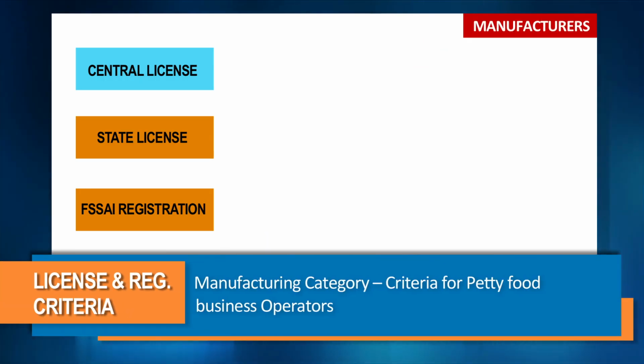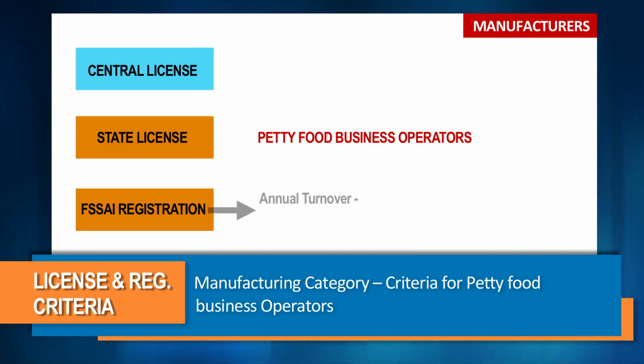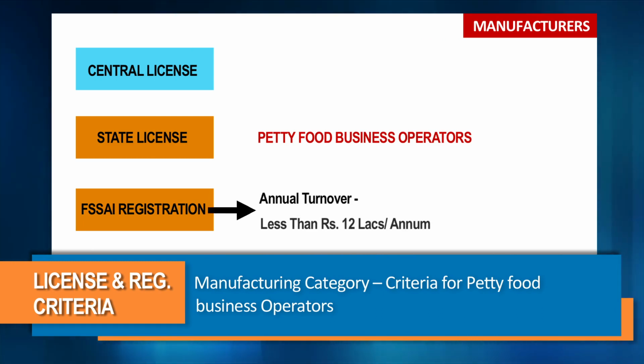In the manufacturing category, the petty food business operators with annual turnover of less than 12 lakh rupees per annum come under registration category.